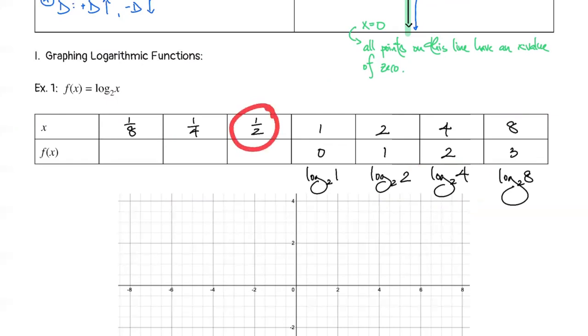Then this is where we really want to make sure we know our fractions and our exponent rules. 2 to what power gives us 1/2? 2 to what power gives us 1/4? And 2 to what power gives us 1/8?